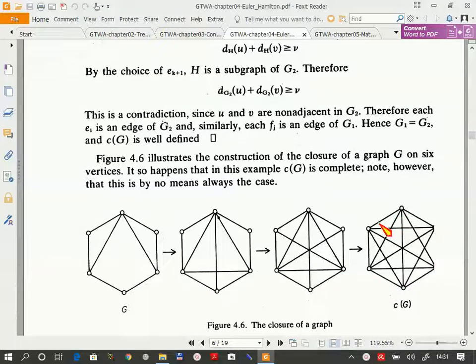And then you are here where you have a complete graph, and so surely this is Hamiltonian, but then also the original one is Hamiltonian by this theory. Okay? Of course, here it's extremely easy to see that it's Hamiltonian, because it just goes along this cycle. All right? But of course, they show you here an easy graph on which you can easily see that it's Hamiltonian, but they just want to show you the process that you have to do for making the closure.